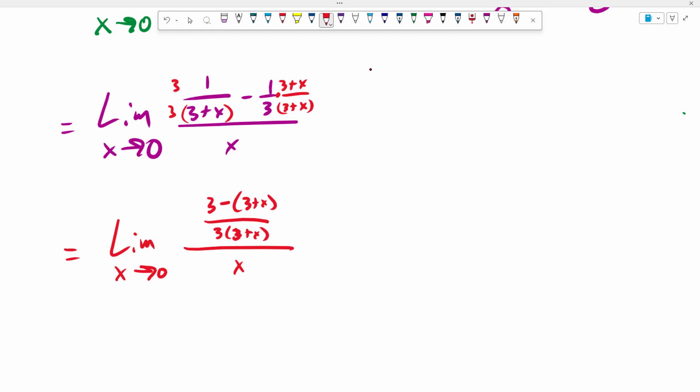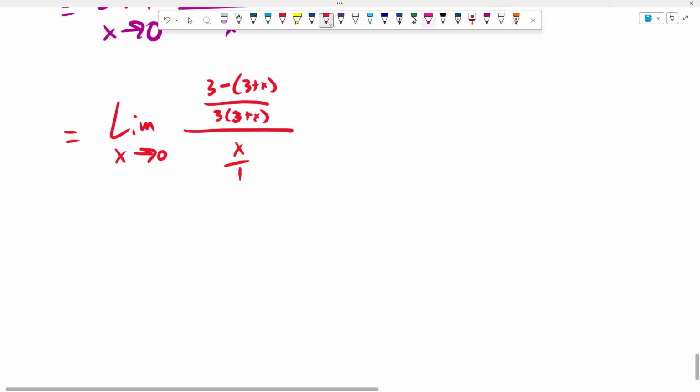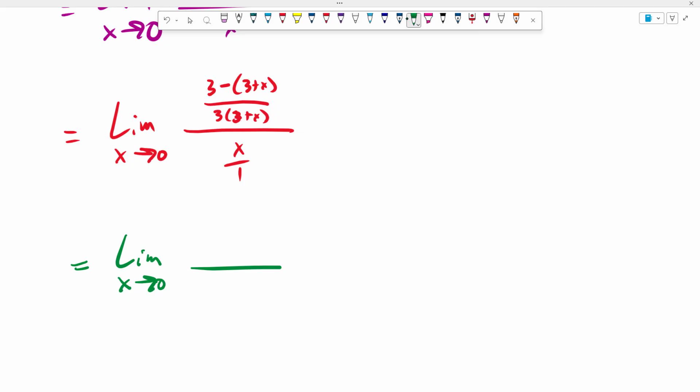Now we have one fraction divided by another fraction. So we take the numerator, which if we distribute becomes negative 3 minus x, and the 3 minus 3 is 0. So we got negative x over 3 plus x. And we multiply by the reciprocal of the denominator.